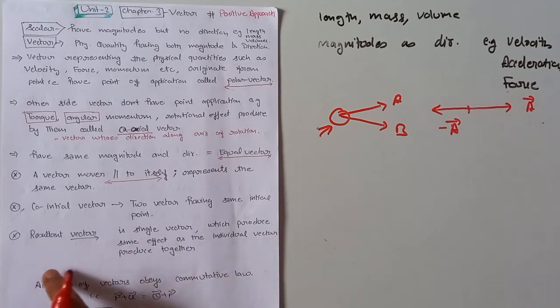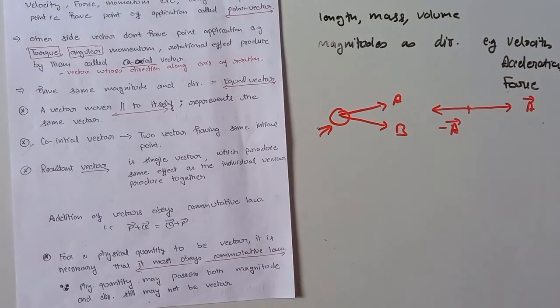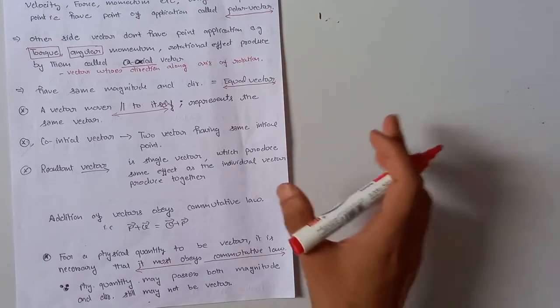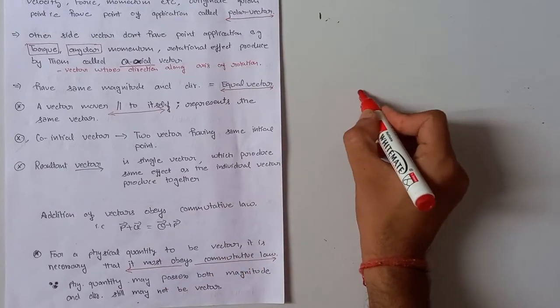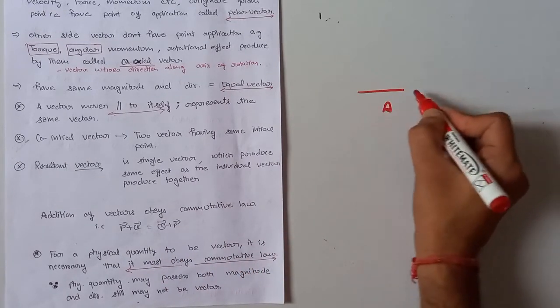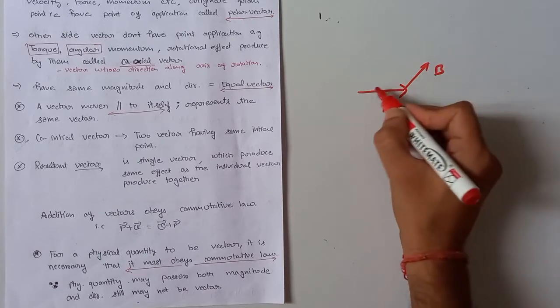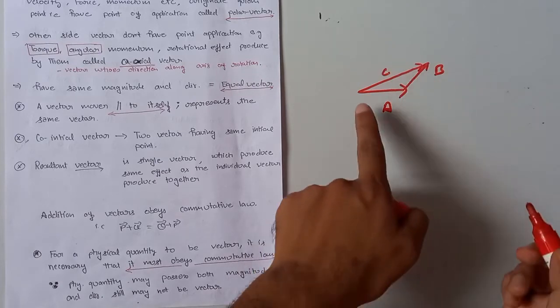Our next vector, which is very important, is the resultant vector. What is a resultant vector? Any vector which produces the same effect as the individual vectors produce together. For example, let this be vector A, and another vector, this be vector B. Then the resultant vector will be this vector C, known as their resultant vector.